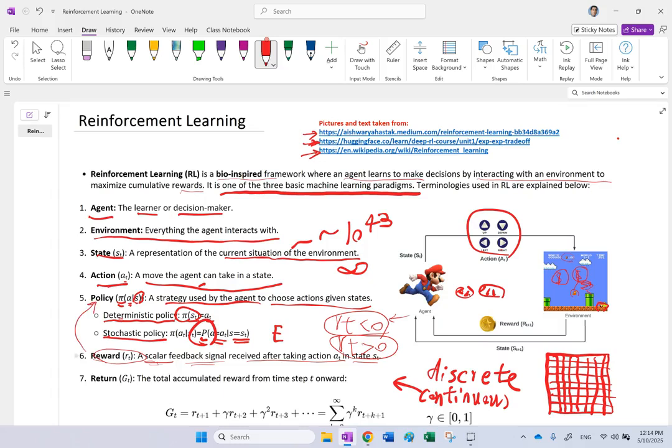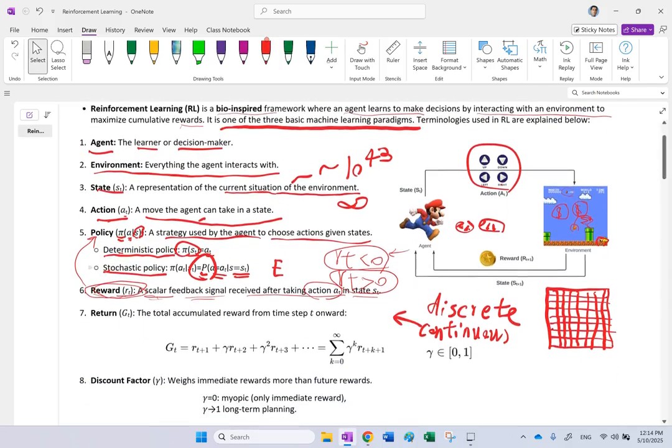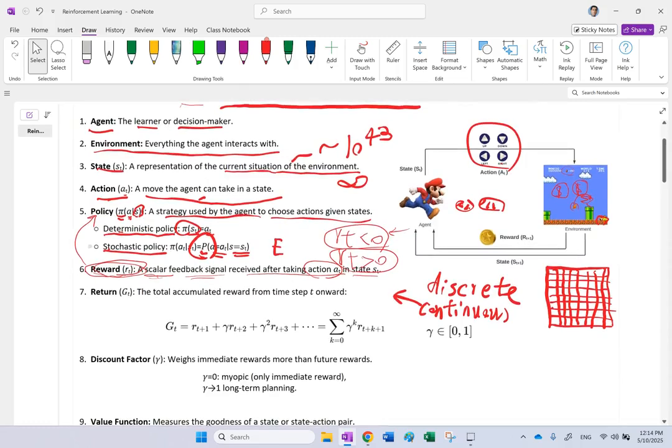Now, at each time point when you take an action, you will get an immediate reward. But it's not just that. The thing is, in life, when we take an action, not only will that action have repercussions or feedback at that moment, it also will cause some feedback or repercussions in the future, right?